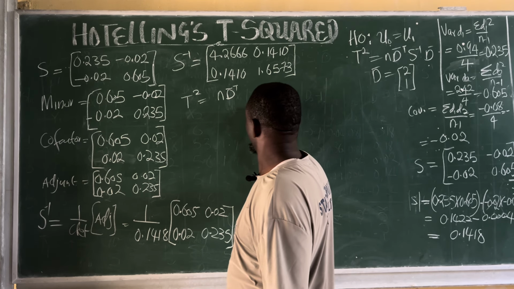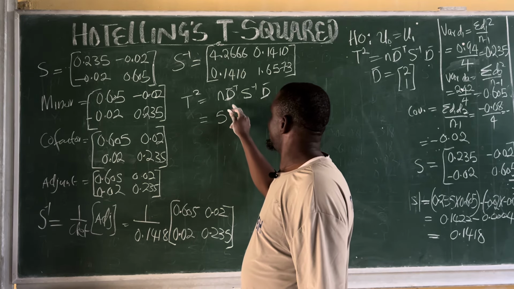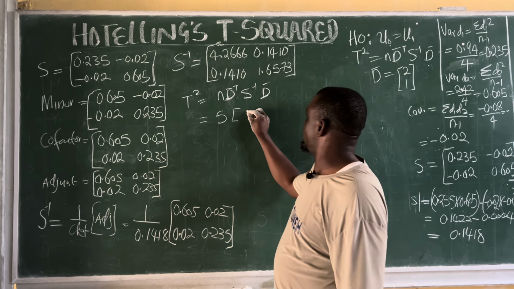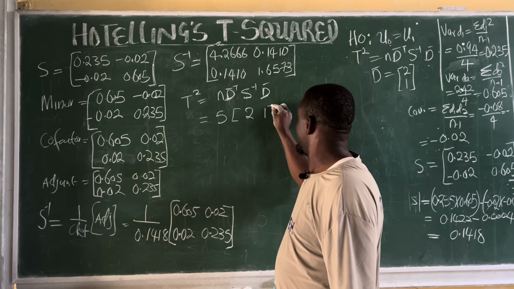So if we have that, then it will be equal to, our n is 5, d bar is 2 and 1. But the transpose, this is a column vector. The transpose of this column vector will be a row vector, which will be 2 and 1. Then our S inverse is the whole of this.